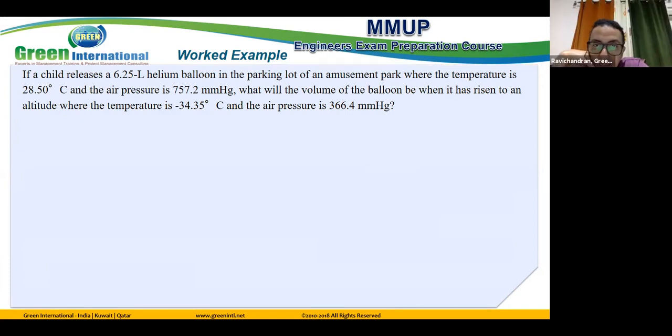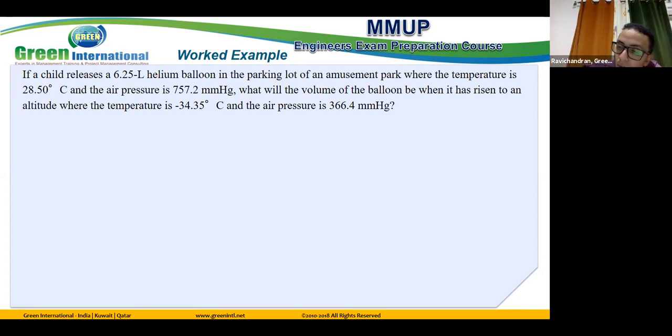If you check this problem, you find different parameters changed. It is not two parameters changing with the third one constant. We have pressure and volume and temperature, and the three are going to change. So in this case, normally we consider the number of moles the same.